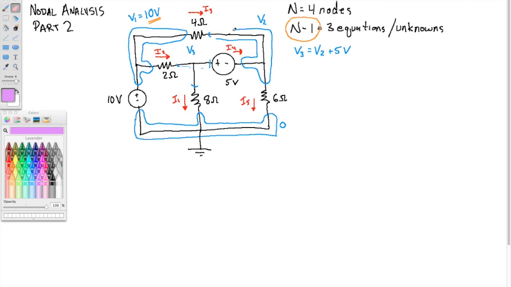What I'm going to do is combine those two nodes into one node, one big node in purple.